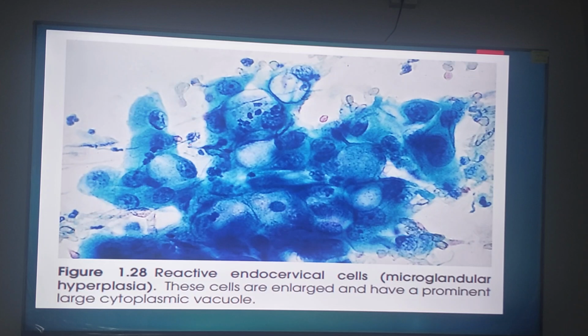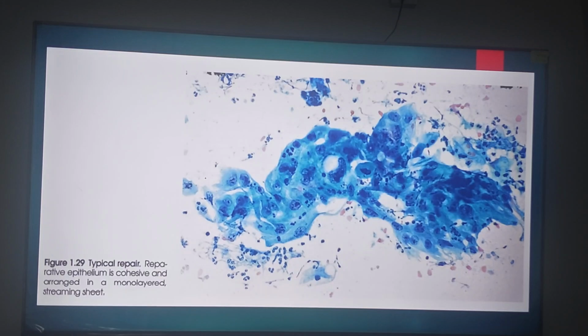These cells are enlarged with prominent large cytoplasmic vacuoles. This picture shows typical repair, where the reparative epithelium is cohesive and arranged in monolayer streaming sheets.